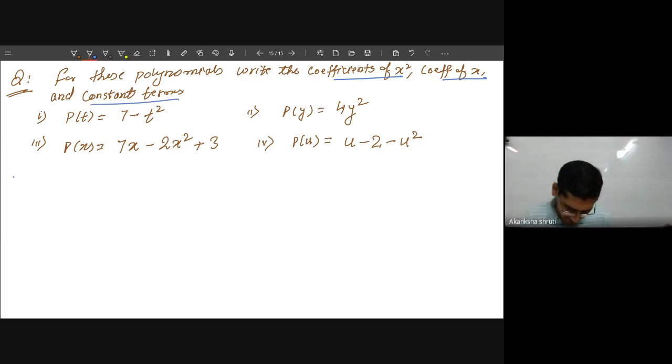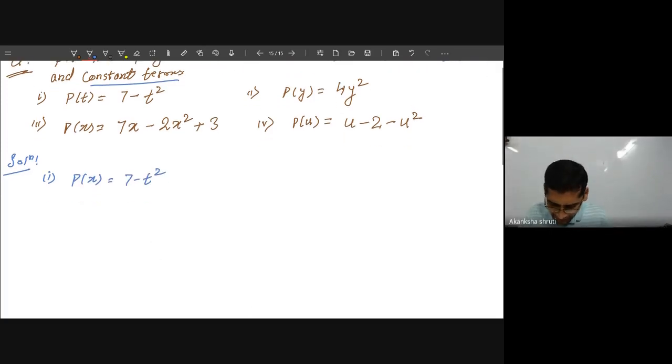Students, let me solve the first one. What is the given polynomial? You have to write it: 7 minus t square. The very first step is that you have to rewrite this polynomial in the order of decreasing power of the variable. What is the variable here? It is t.